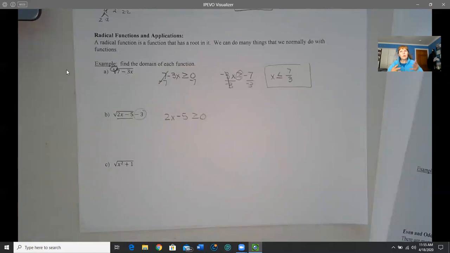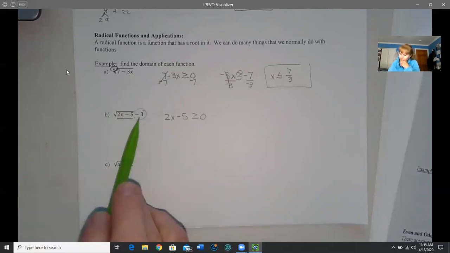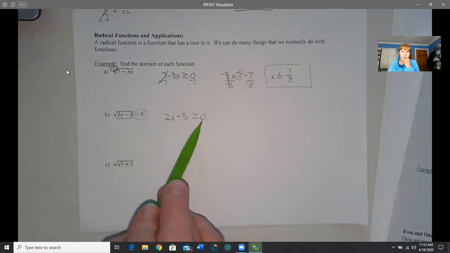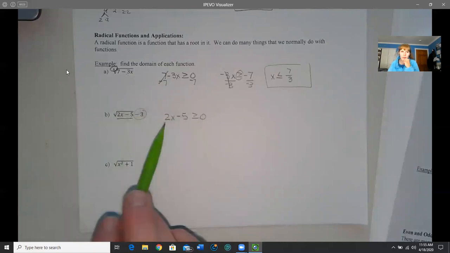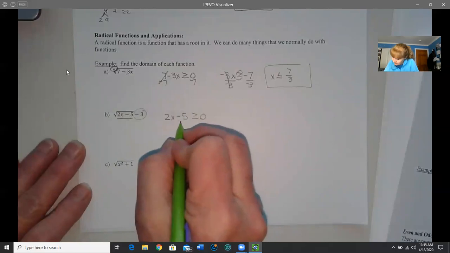So it would be like when we were doing fractions or rationals, we ignored the numerator, and all we paid attention to was the denominator could not be 0. That's how we found our asymptotes and things like that. But here, you're looking at the radical. What's inside has to be positive. No matter what else is going on around it, what's inside has to be positive, and you solve it.